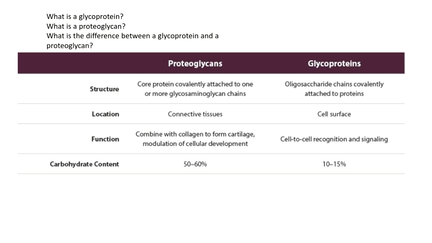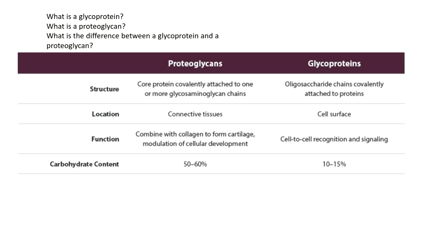So what is a glycoprotein? A glycoprotein is an oligosaccharide chain covalently attached to protein. An oligosaccharide chain is just a carbohydrate chain. And a proteoglycan is a core protein covalently attached to another carbohydrate chain. Okay? Now their locations are different.